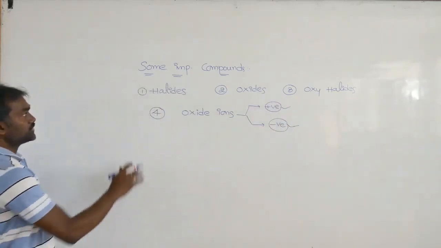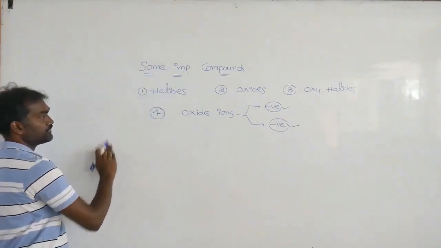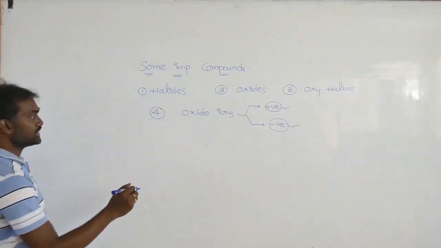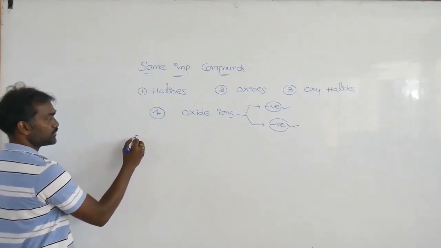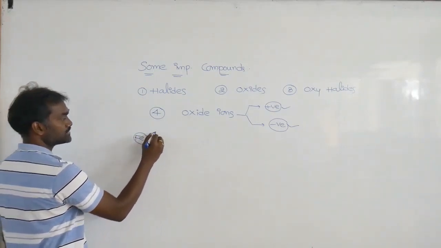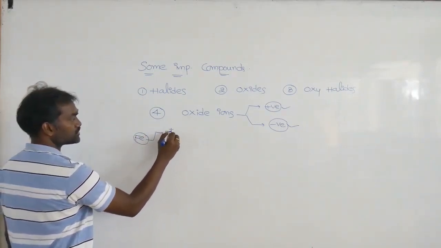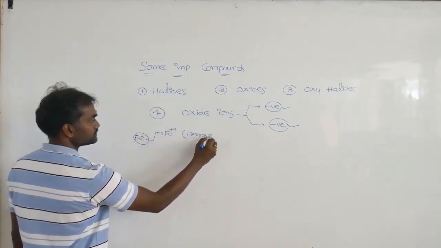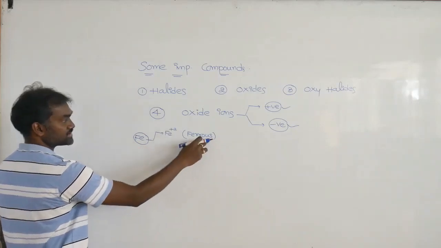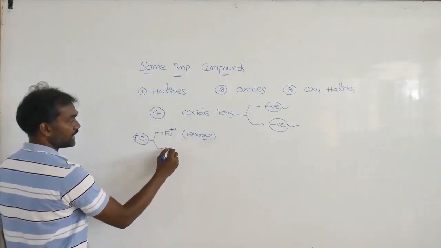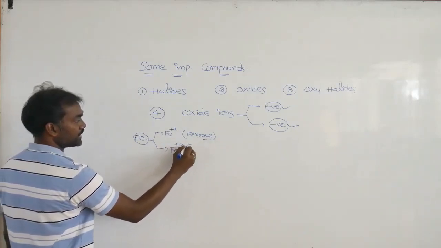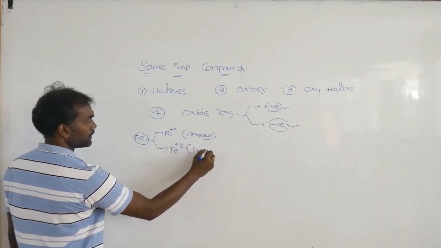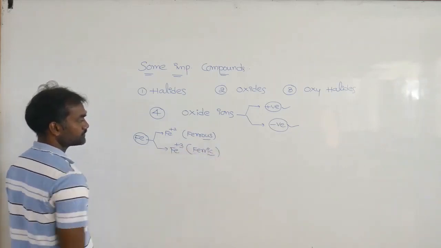See, general oxidation states of different elements. Suppose you take iron. Iron is showing Fe plus 2, so it is called ferrous. The lowest oxidation state you call as "-ous", the highest oxidation state you call as "-ic". Ferric.